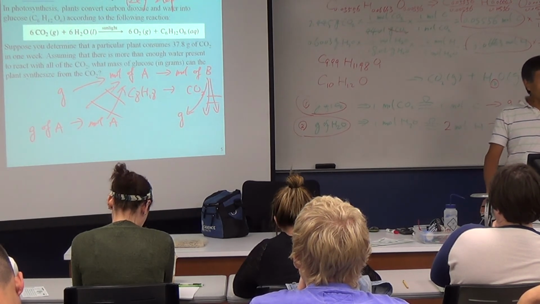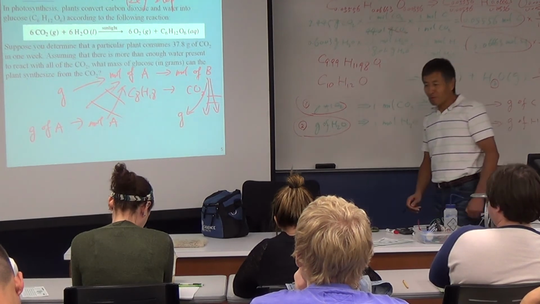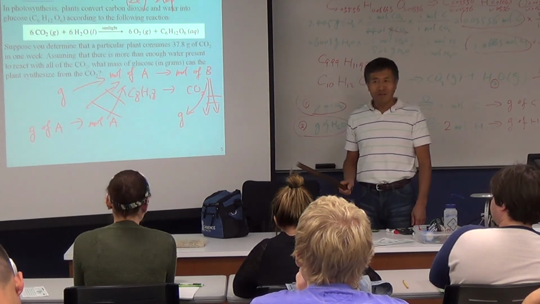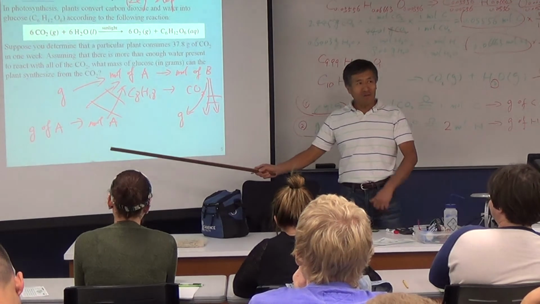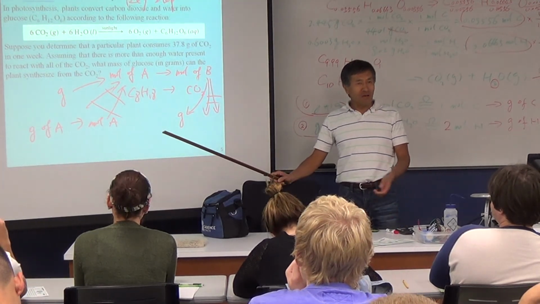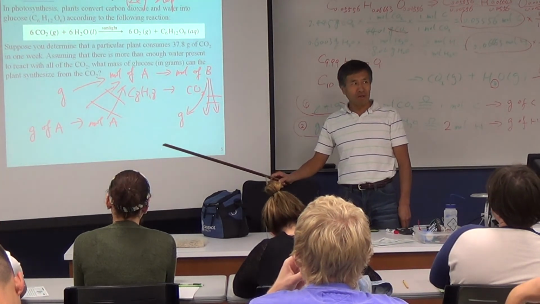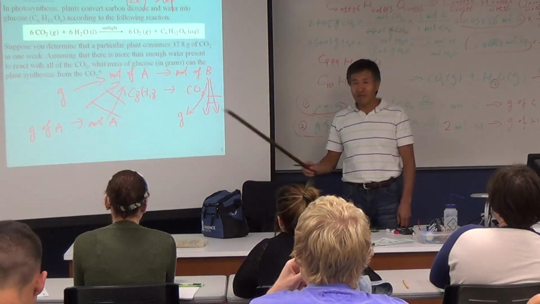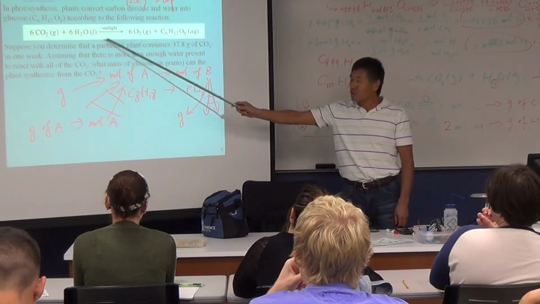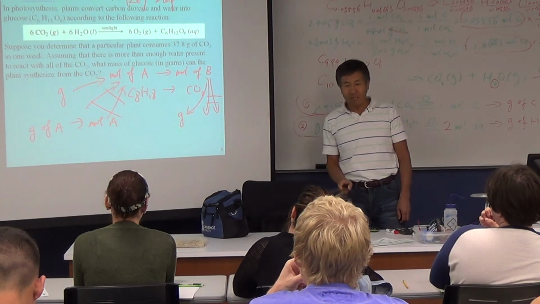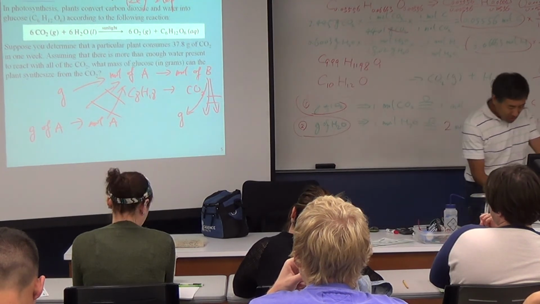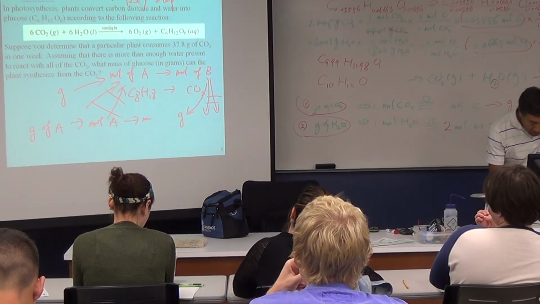If you don't know that, I think you're lying. You know that. If you have grams of A, you should be able to use molar mass and convert into moles of A. Okay? So what you learn in this chapter is to use those coefficients from the balanced equation and get moles of B.